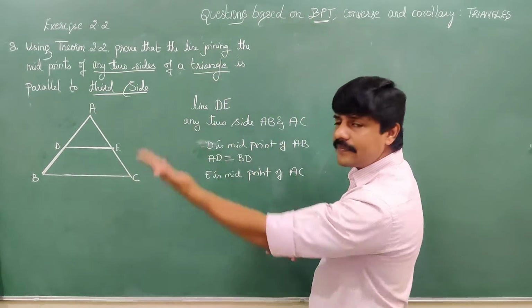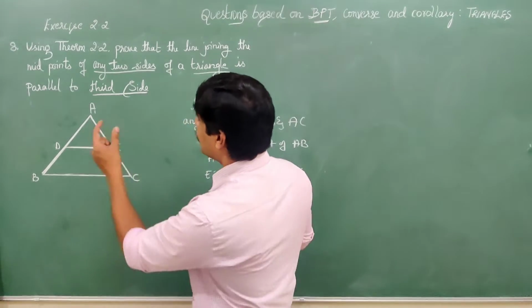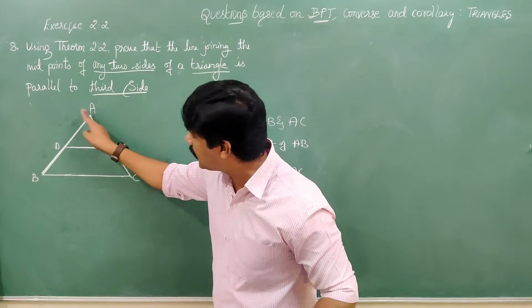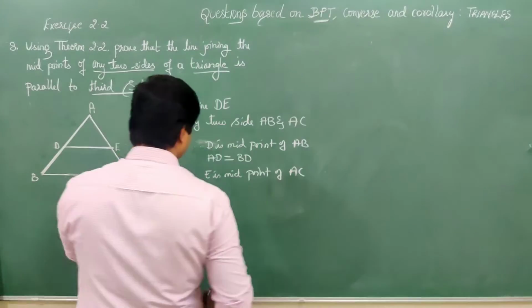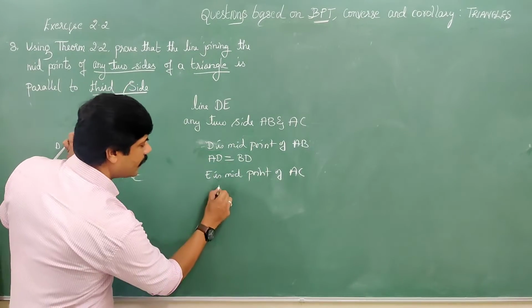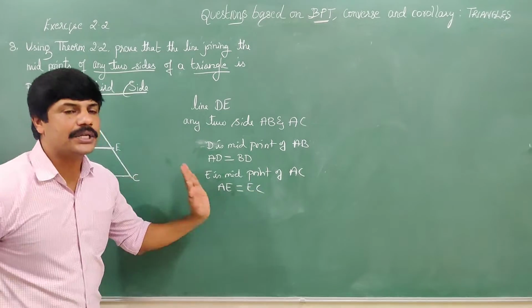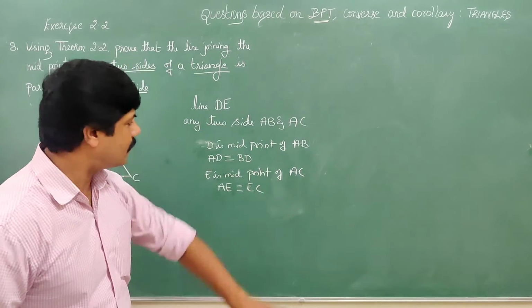Here the condition itself says that DE is the line joining the midpoints of two sides AB and AC. That means we can clearly take that AD is equal to BD and AE is equal to EC. This condition is given.